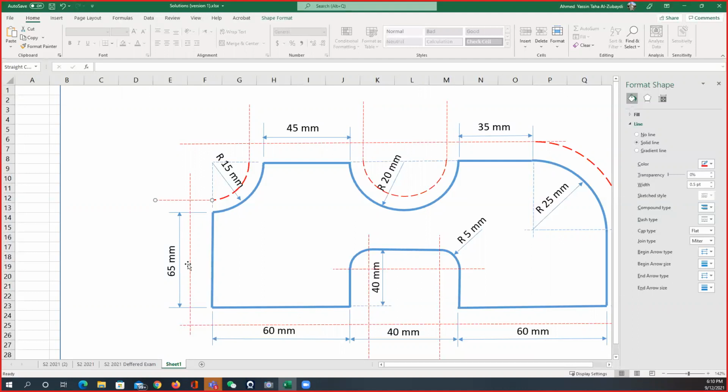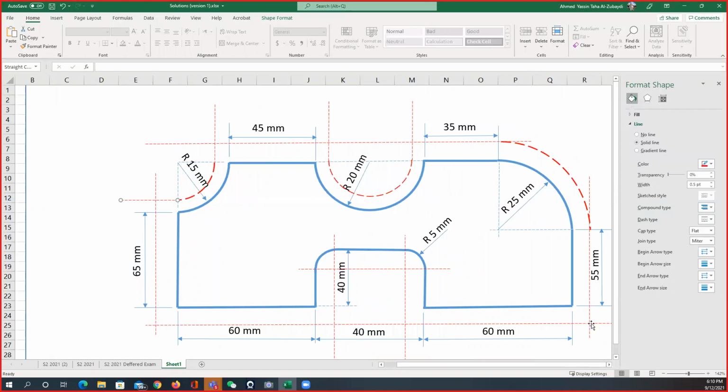Okay, now let's count the points. 1, 2, 3, 4, 5, 6, 7, 8, 9, 10, 11, 12, 13, 14, 15, 16, and 17.